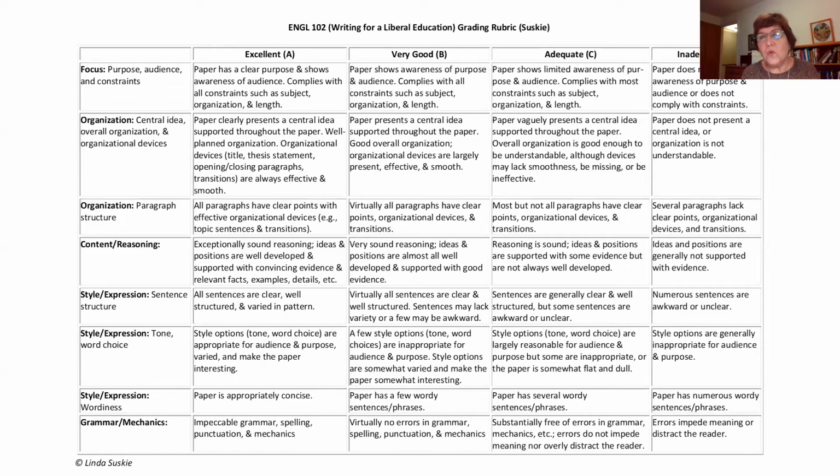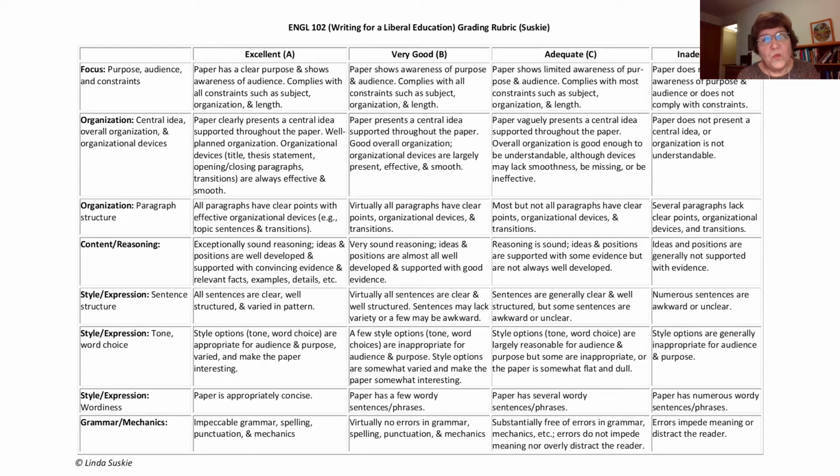I found students could do one and not the other. Then there's the content and the reasoning in the paper, and that's where, even though this is supposedly assessing writing, you can't assess writing without getting into a bit of critical thinking, and that's what we're getting in here with the reasoning. Then there's the style and the expression, things like sentence structure, tone, word choice.